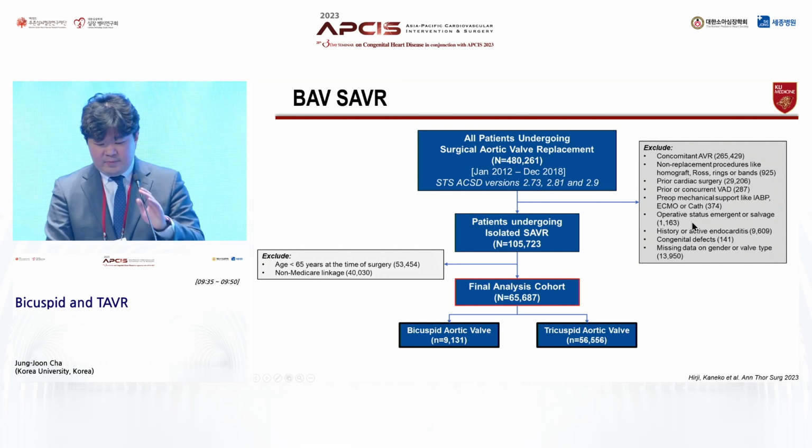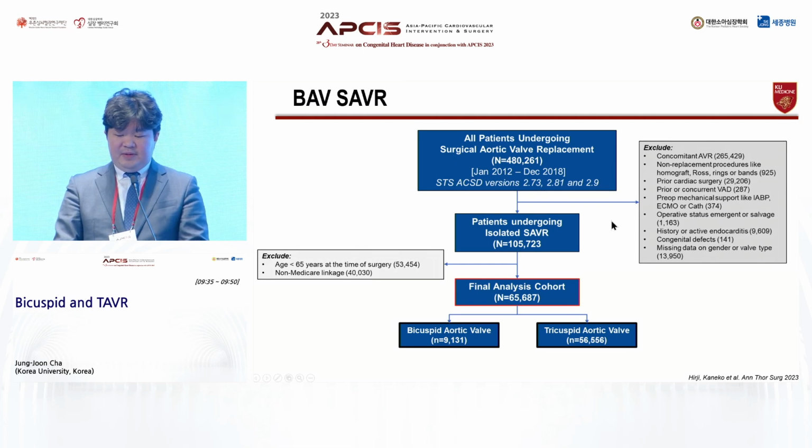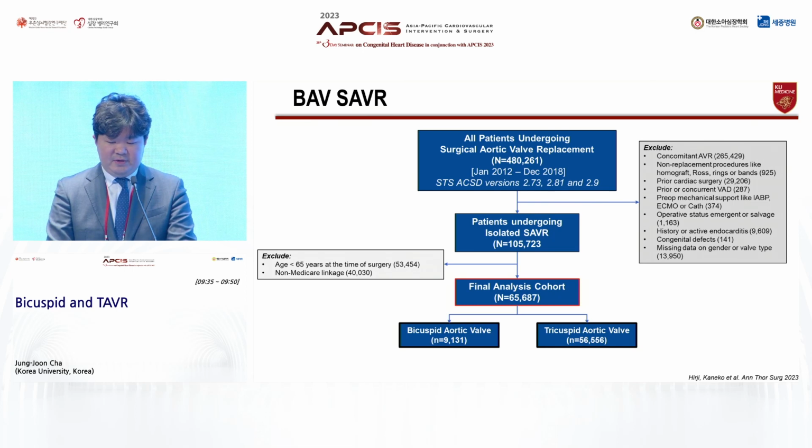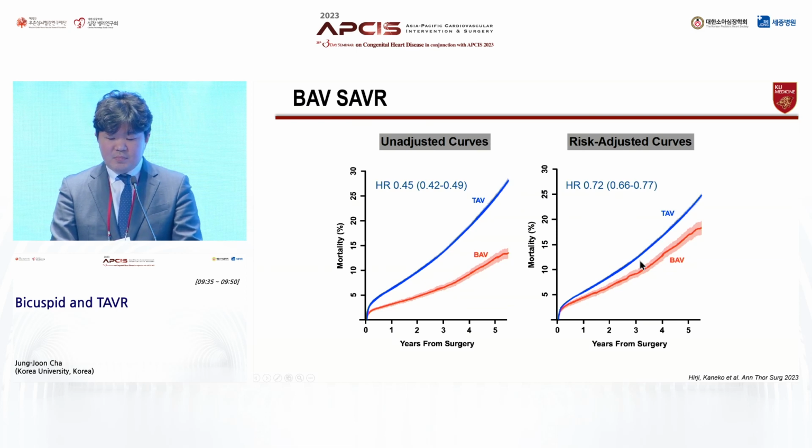Then, how about the SAVR? All patients undergoing surgical aortic valve replacement numbered 500,000 from 2012 to 2018. After exclusion, the final cohort is 65,000, with 9,000 bicuspid aortic valve patients and 56,000 tricuspid aortic valve patients.